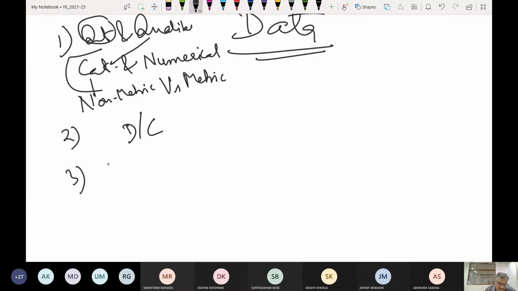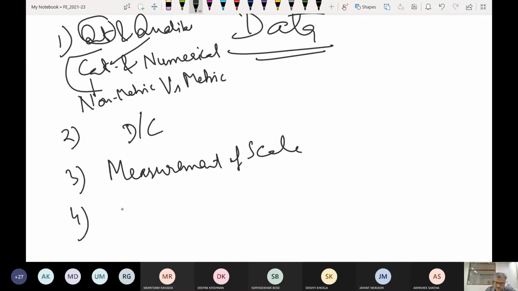Two things I'll add here: measurement of scale. Has somebody discussed measurement of scale with you in your course so far? Yes or no? No, sir. There are four measurement scales. Again, broadly, one is categorical, the other is numerical.